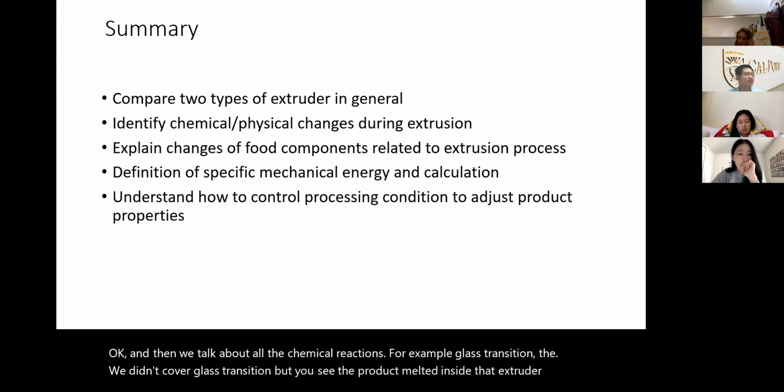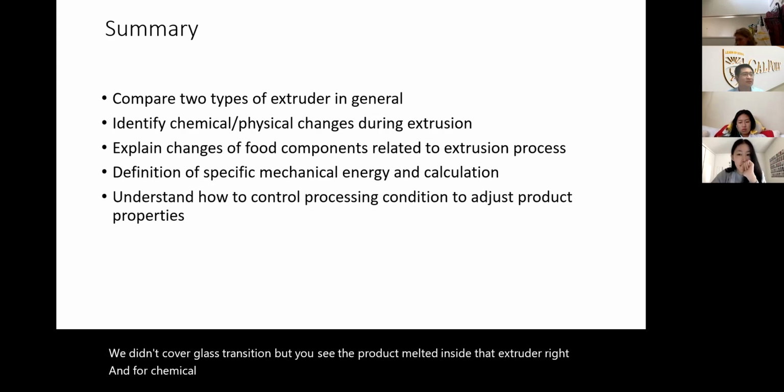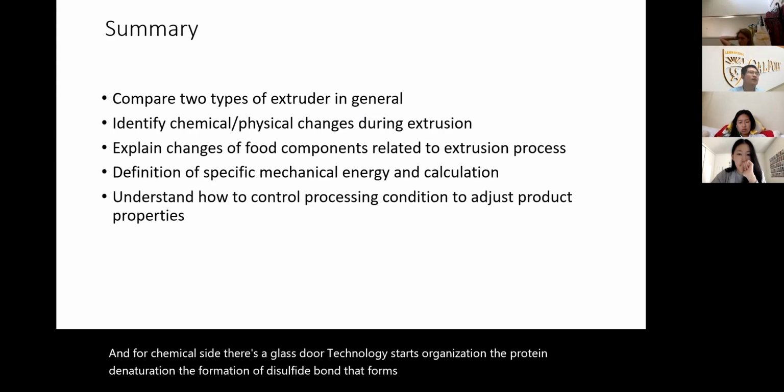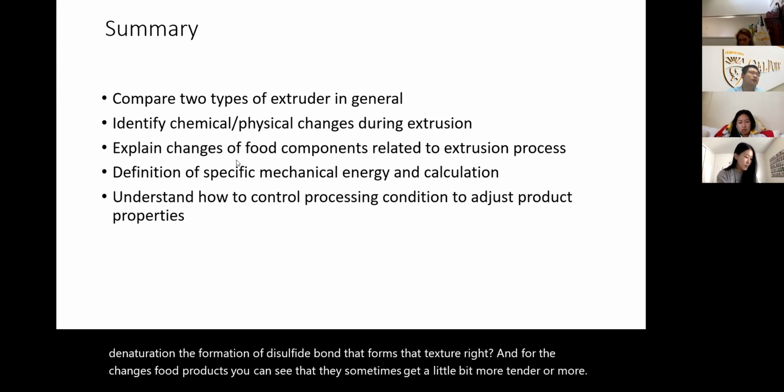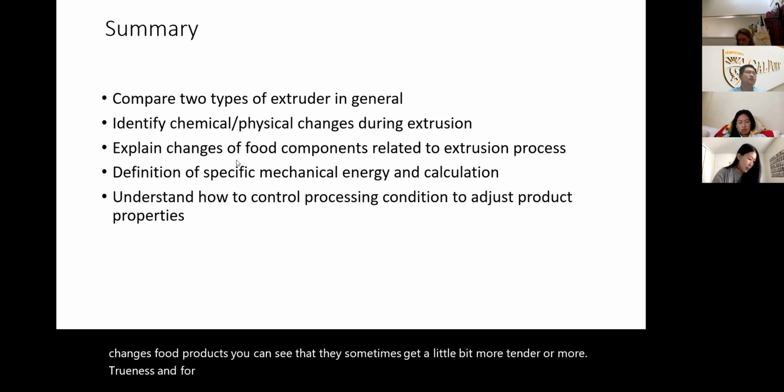And on the chemical side, there's starch gelatinization, protein denaturation, and the formation of disulfide bonds that forms the texture. For food products, you can see that they sometimes get a little more tender or more chewy, and puffed snacks gain a little more crispiness.